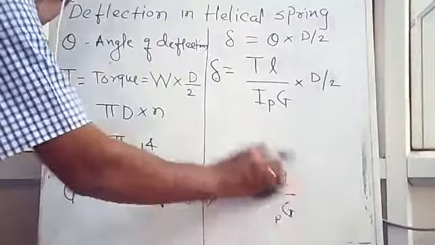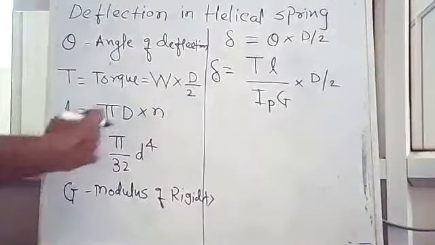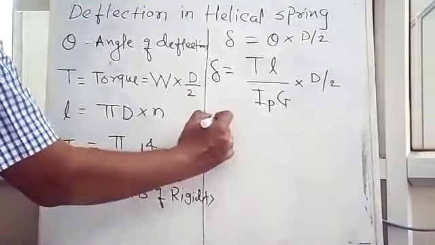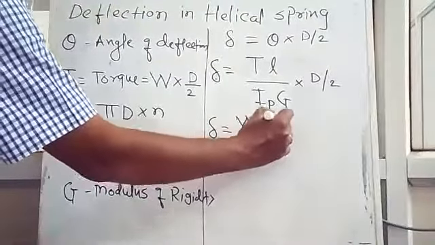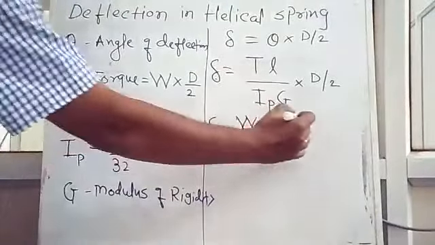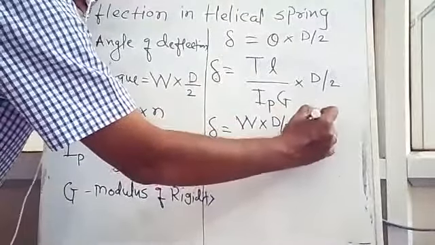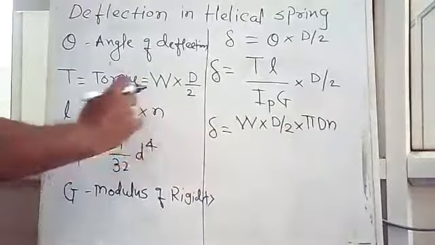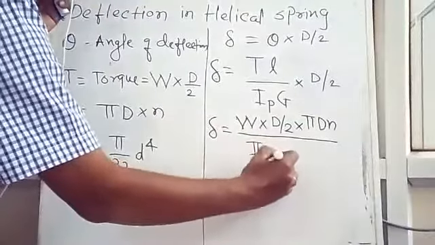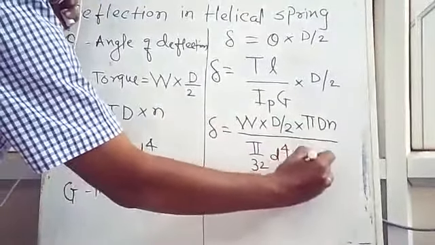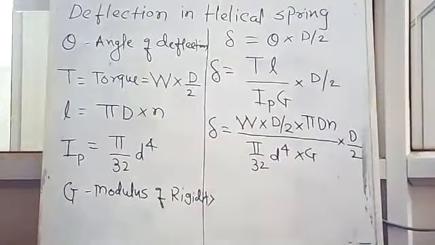So here, now let us put all this torque and length here so that we can get the relationship. So delta equal to W into D by 2 into, now length is pi DN. Pi DN is the length, divided by pi by 32 d to the power of 4 multiply by G multiply by D by 2. So this is the relationship.